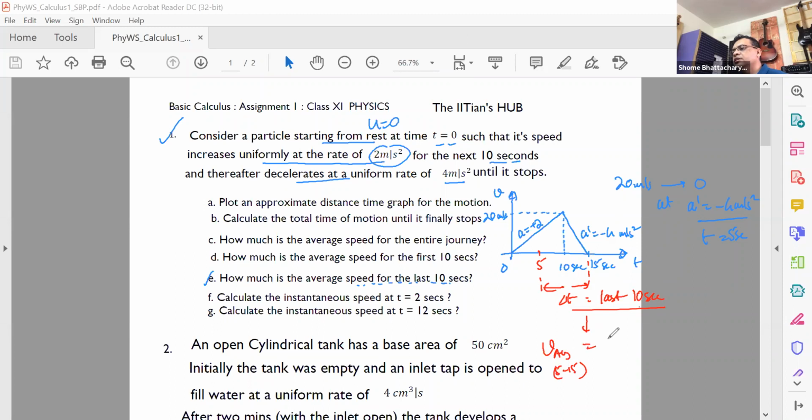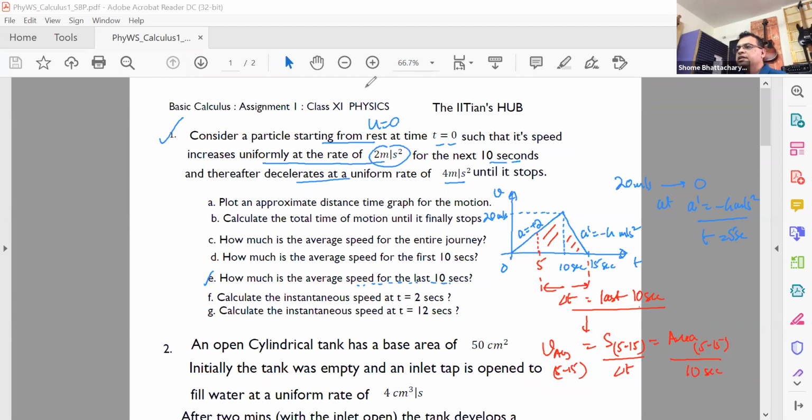We have to calculate the distance traveled from 5 to 15 and divide that by the time interval of 10 seconds. So what will be the easiest way of calculating the distance here? Since I've already made the graph, the easiest way would be this total area. So this can be calculated as the area from 5 to 15 divided by the time interval, which is 10 seconds.